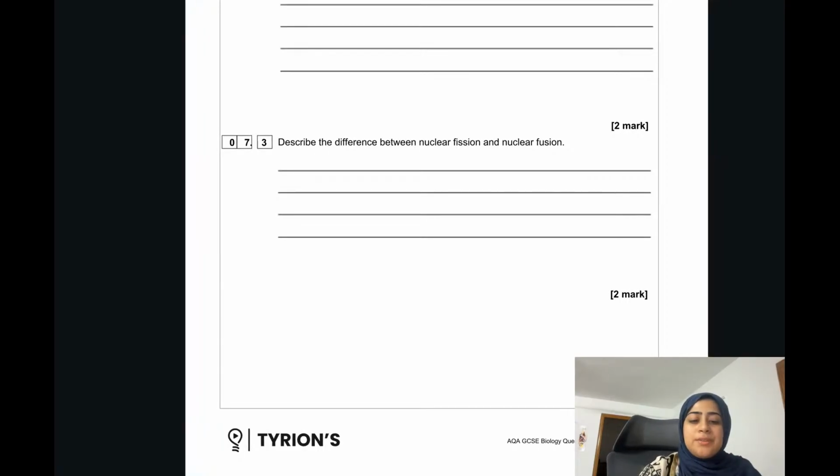Describe the difference between nuclear fission and fusion. So fission is where a large nucleus breaks down into smaller nuclei. Okay.